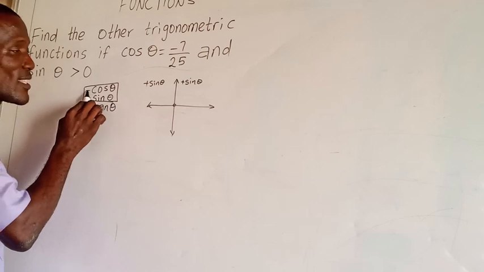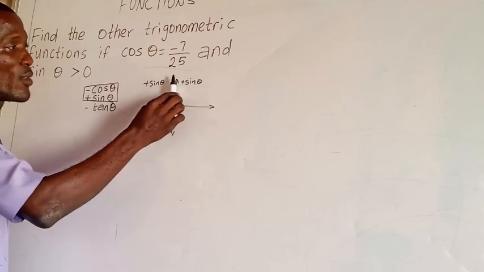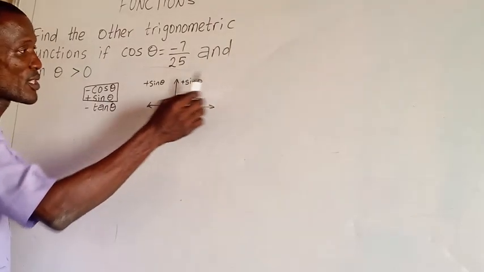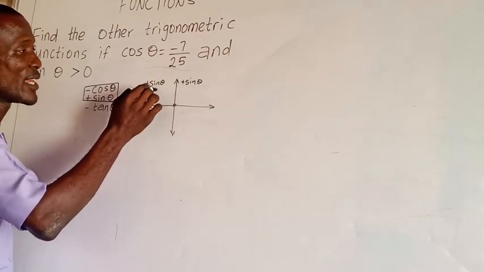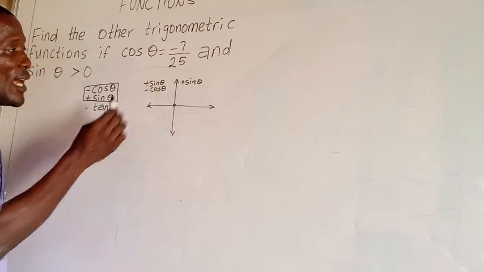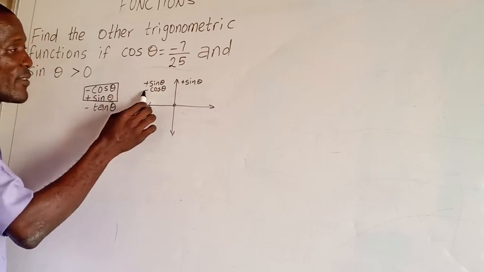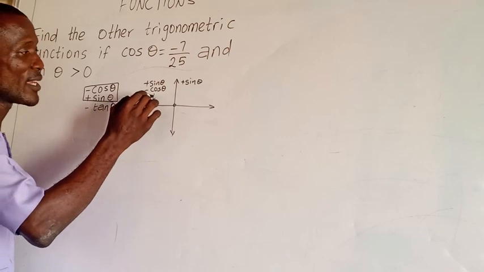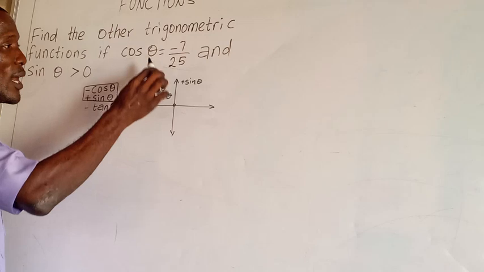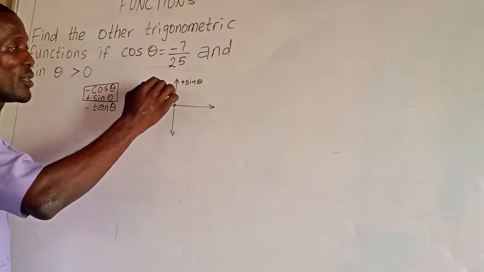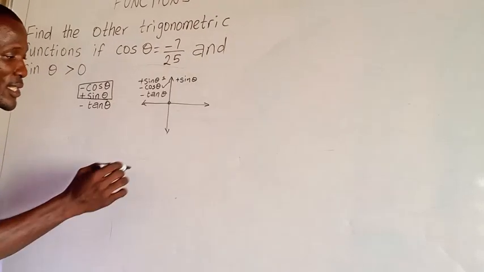Where is cos theta negative? The value of x here is positive, the value of x here is negative. So this is where we are having negative cos theta. And then positive divided by negative, we're going to have negative tan theta. Hence, our triangle is going to be in the second quadrant.